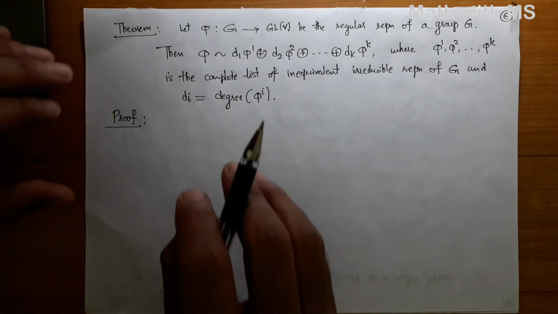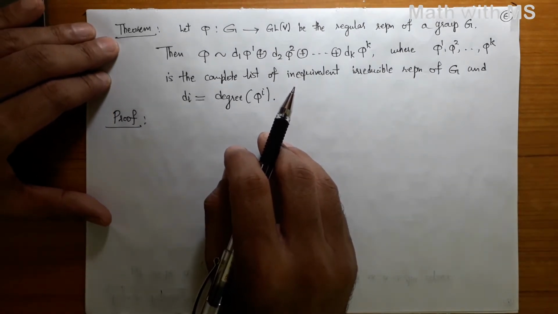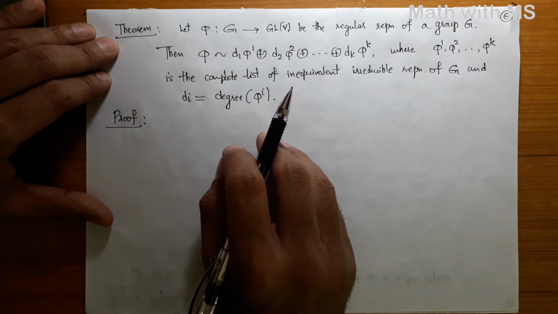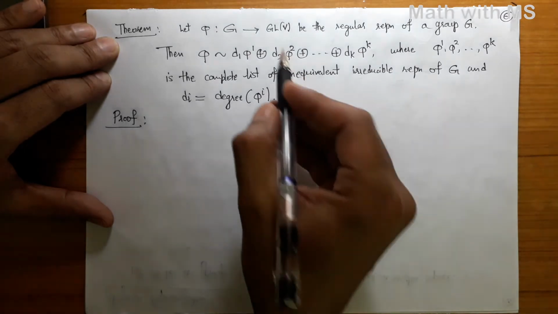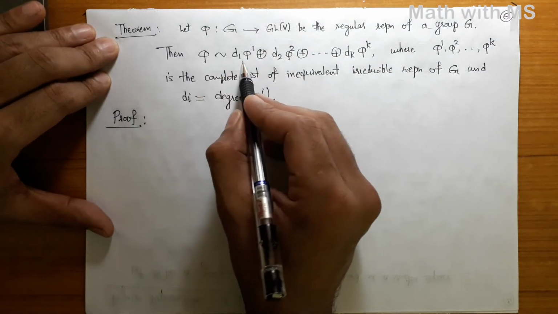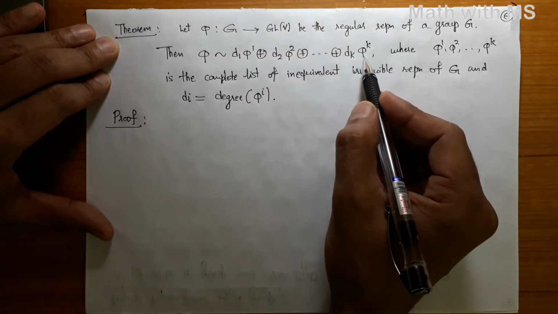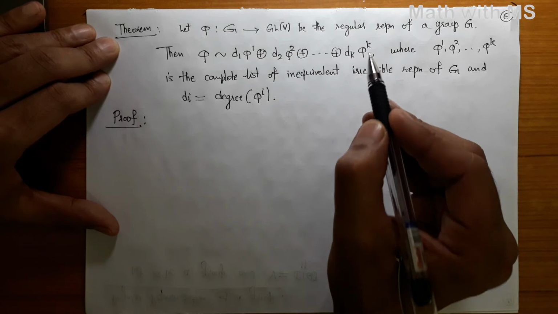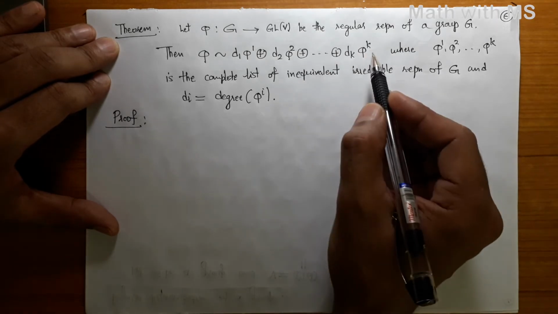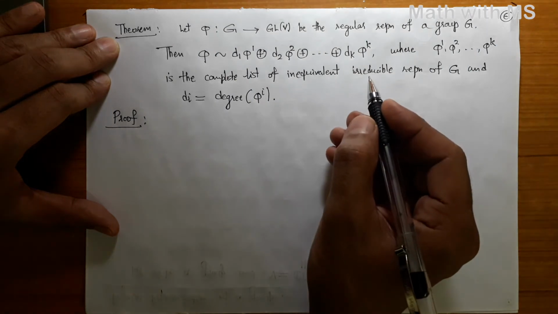Proof. By Maschke's theorem, each representation of a finite group is equivalent to a direct sum of finitely many irreducible representations. So if we want to show that phi is equivalent to d1 phi 1 direct sum d2 phi 2 direct sum dk phi k, then we just need to show that the multiplicity of phi i in the decomposition of phi is precisely di.